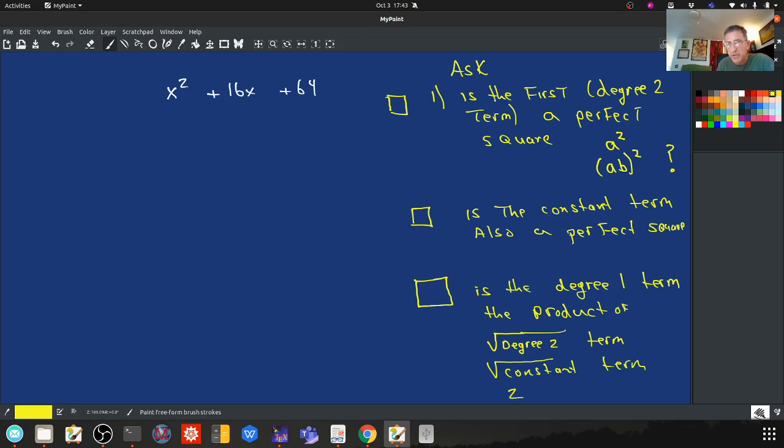So if the first term is a perfect square, then its square root is a single term.